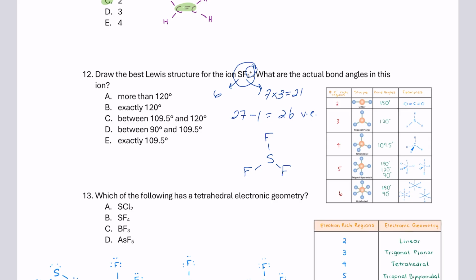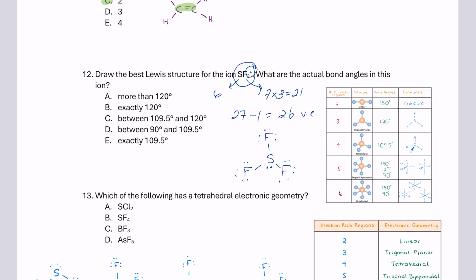Now, for the remaining valence electrons, we're going to start by distributing them to the terminal atoms to ensure they have a full octet. So each fluorine atom is going to get 3 lone pairs. Now we've accounted for 24 out of our 26 valence electrons. Those last 2 are going to go on the central sulfur atom.